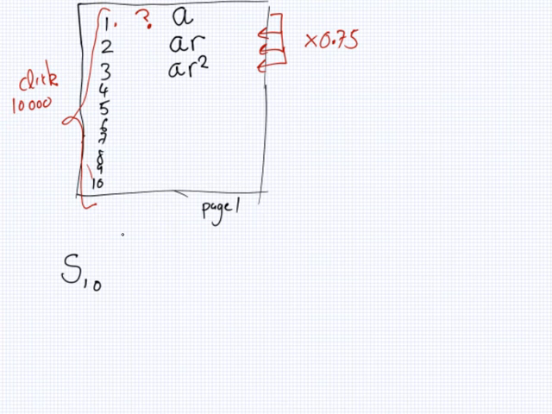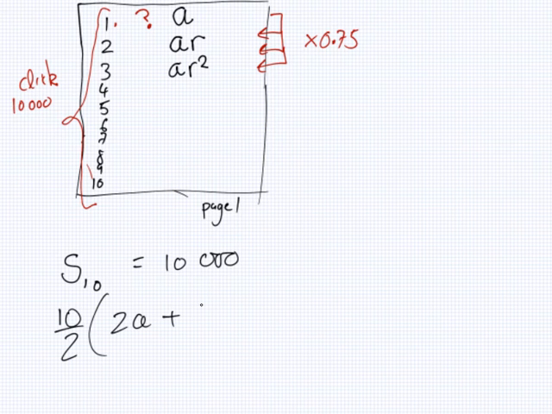S10, because if you add up these 10, what should that equal? 10,000. Okay, alright, I didn't say you didn't. So S10 is 10 over 2, 2a plus, no, it is not. I've used the GP one, sorry.